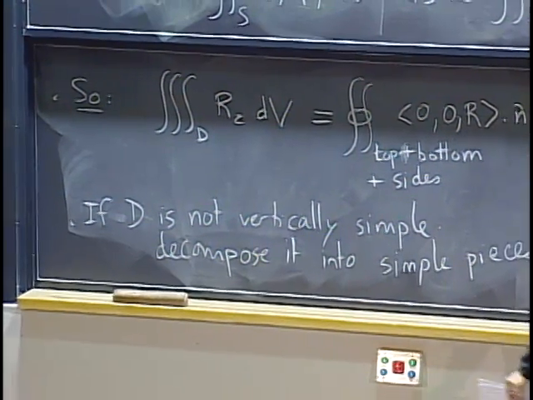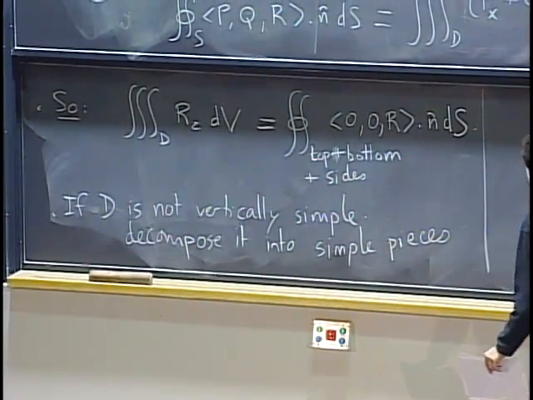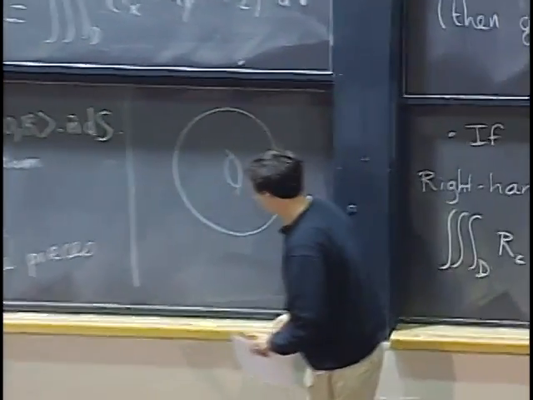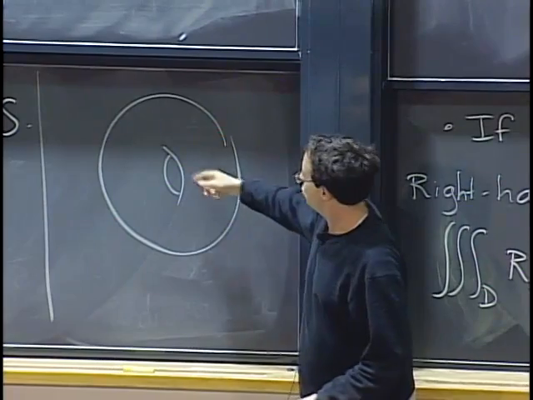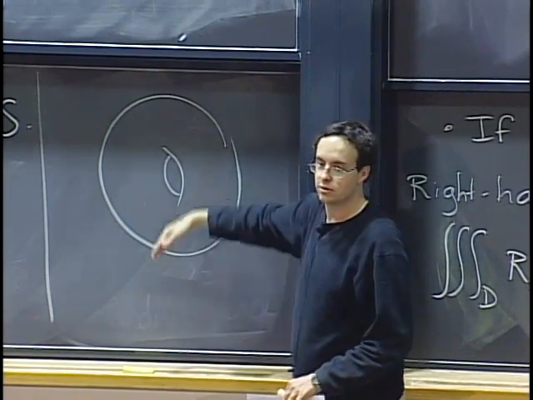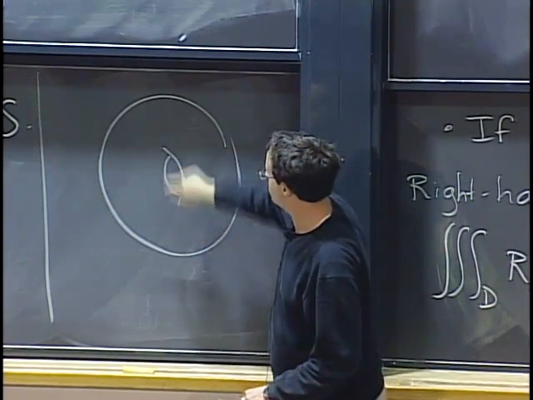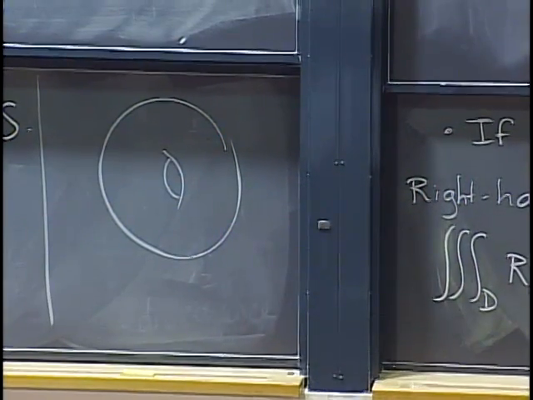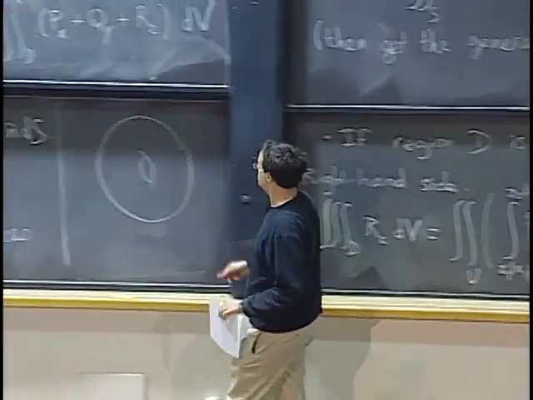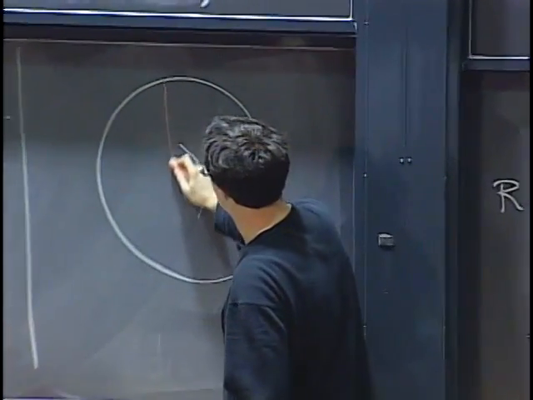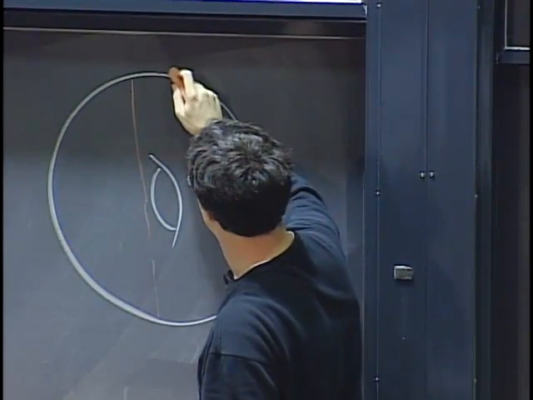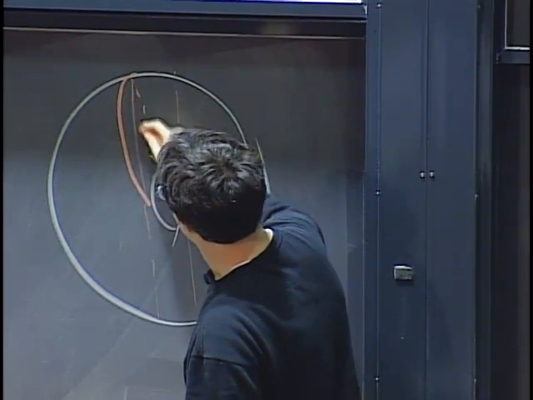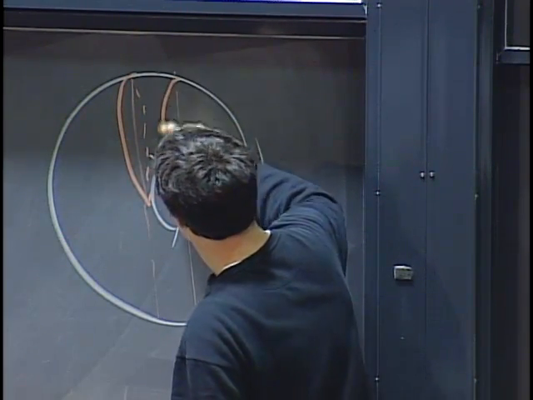Okay, so concretely, say that I wanted to integrate over a solid donut, then that's not vertically simple because here in the middle I have not only this top and this bottom, but I have like this middle face. So the way I would cut my donut would be probably I would slice it, not in the way that you would usually slice a donut or a bagel, but I mean, it's probably more spectacular if you think of it as a bagel.